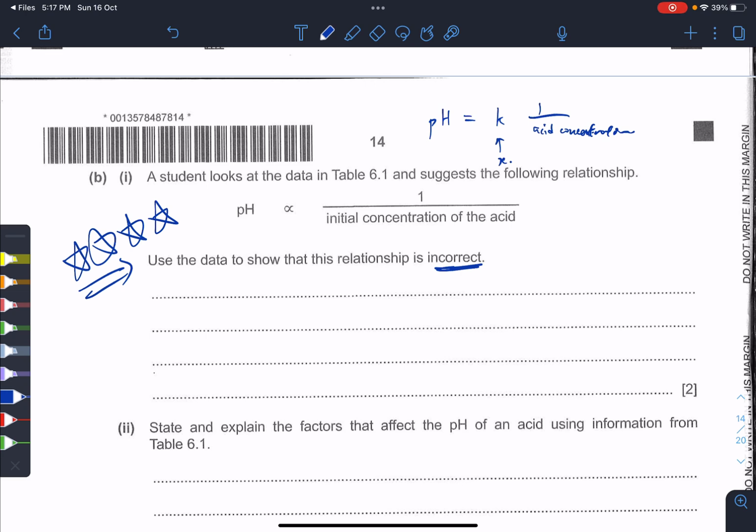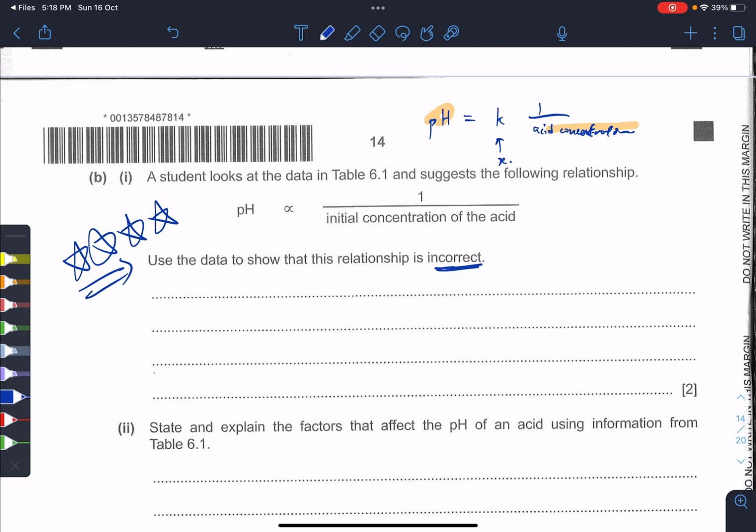Because the two main things you care about here are pH and acid concentration. So they are not equal. Okay, let me give you another example. I'm going to use a real formula, but maybe that formula is not chemistry, just to get my point across.